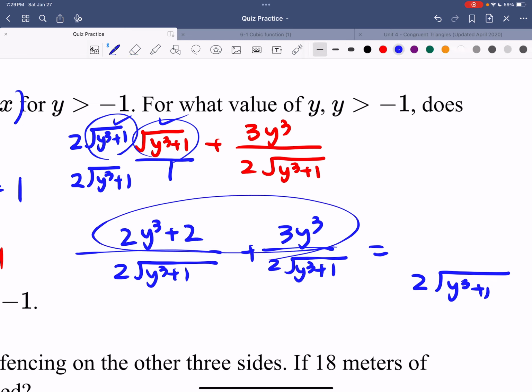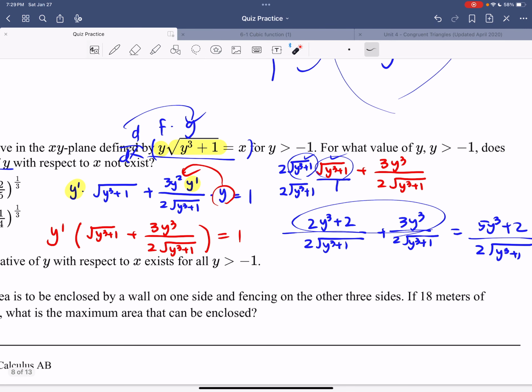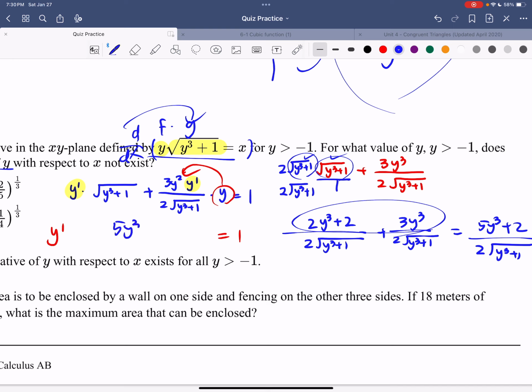And if I combine this, 2y to the third power plus 3y to the third power is going to be 5y to the third power plus 2. Okay, so I just simplified this one into 5y to the third power plus 2 over 2 square root of y to the third power plus 1. Like that, okay? Times here.